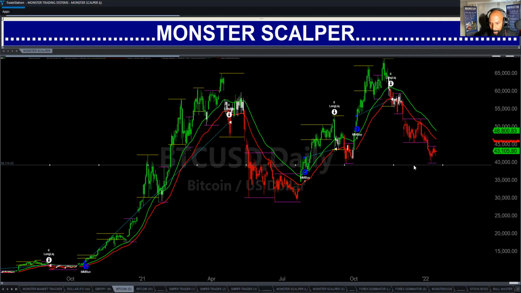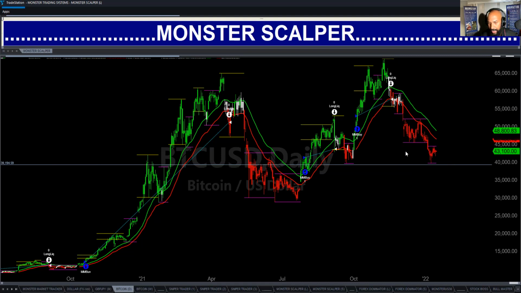Right at 40,000. And remember, Bitcoin likes those whole numbers. So 40,000 right here, 40,000 right here. We'll wait to see what happens. If we can get consolidation in here, buying comes in, we can see a move higher.